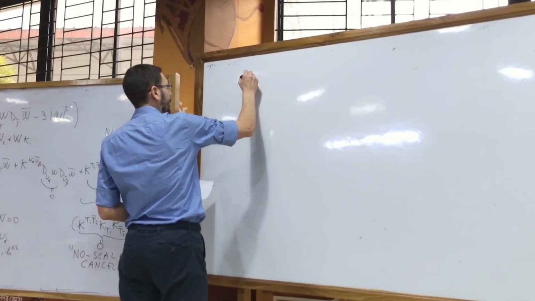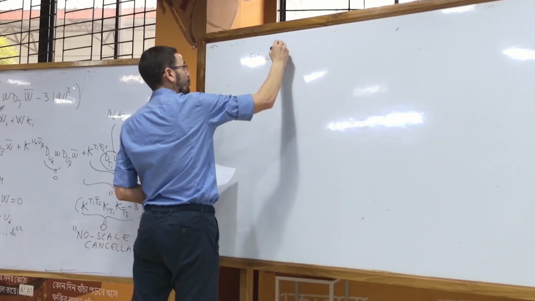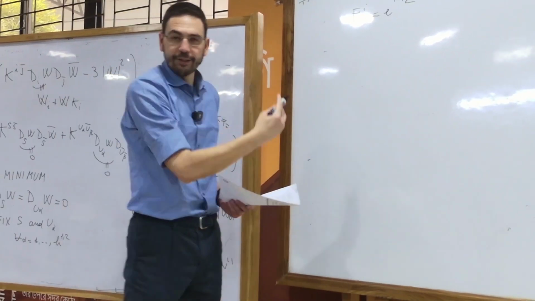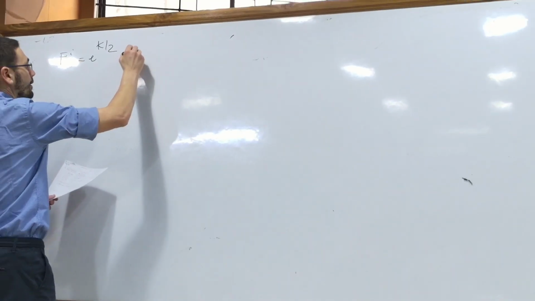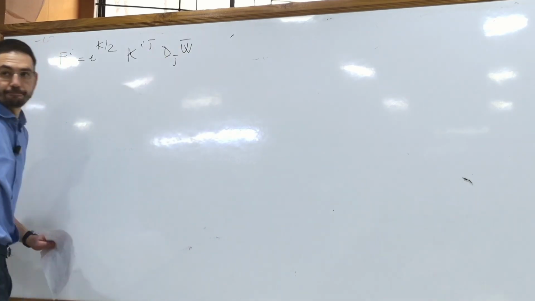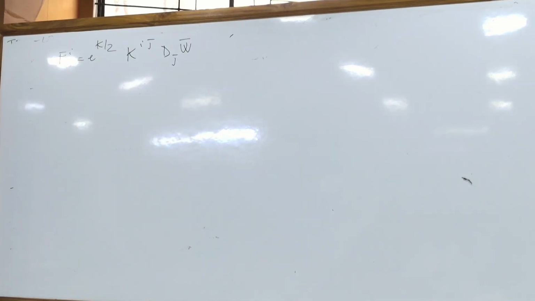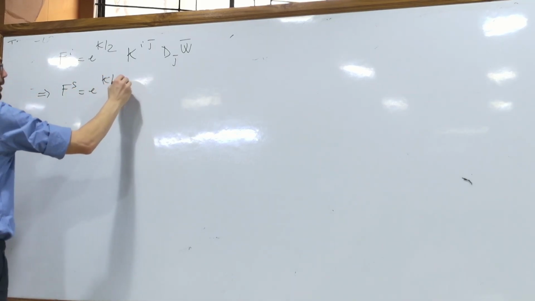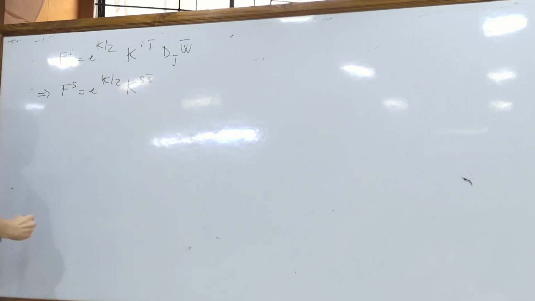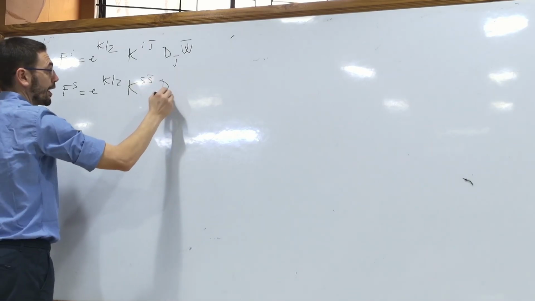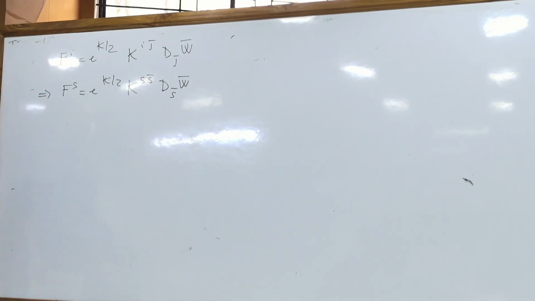And these F terms in supergravity look like this: e to the K divided by 2, once you use the equation of motion, as I said earlier, K^{I\bar{J}} D_{\bar{J}} \bar{w}. So if you compute now the F term of S, this will be e to the K divided by 2 K^{S\bar{S}}. Because of the factorized form, I have only this component. Now I have D_{\bar{S}} \bar{w}.